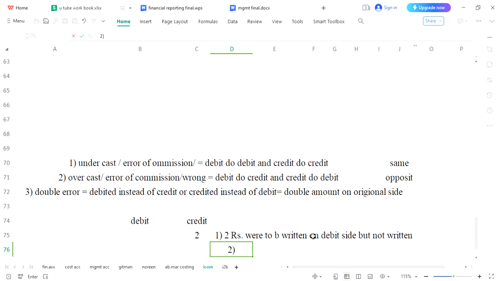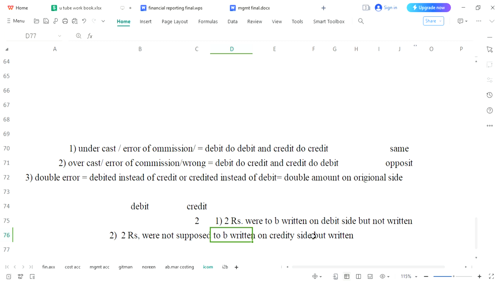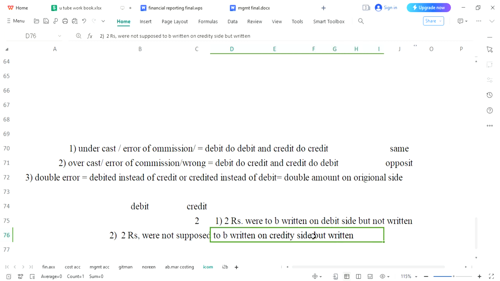And second mistake, 2 rupees were not supposed to be written on the credit side but written. This is your second mistake, and I am requesting you to please have your full concentration, because without it you will not be able to understand.